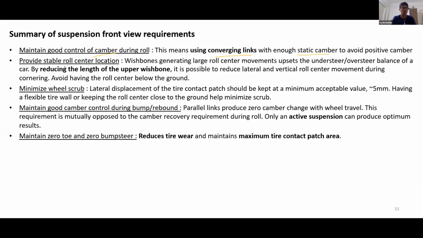To provide a stable roll center location, we would like to use unequal links of the upper link and the lower link, instead of having equal links. To minimize the scrub, the lateral displacement of the tire contact patch should be kept at minimum.